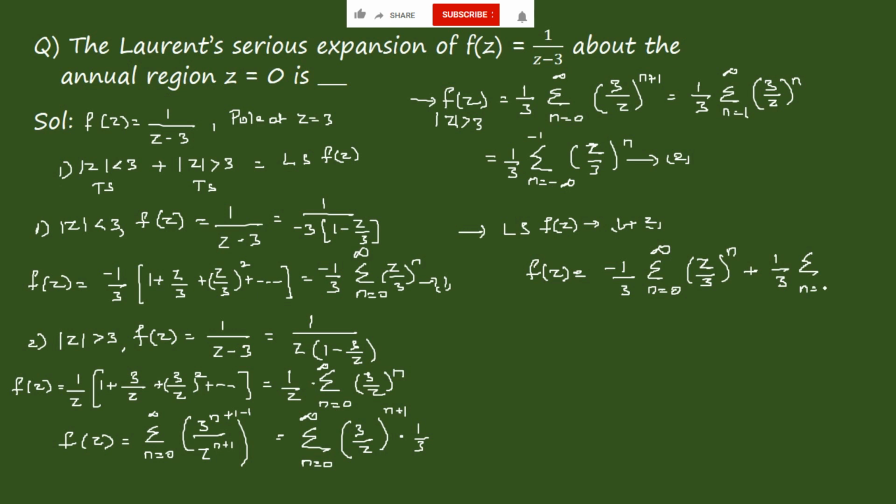We can write from minus 1 to minus infinity also, right? (z by 3) whole power n. Now see here, we got a Laurent series. It will be from minus infinity to plus infinity, right? So we got it. It is from plus infinity to minus infinity, or minus infinity to plus infinity. We got a Laurent series.